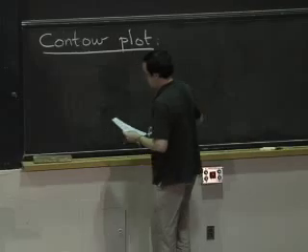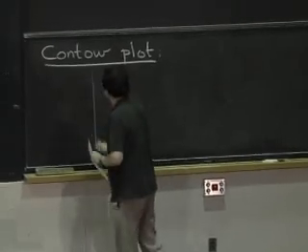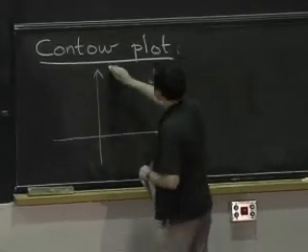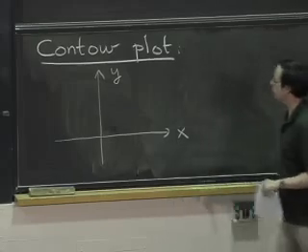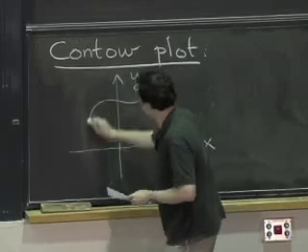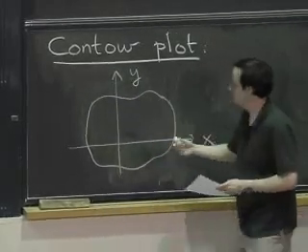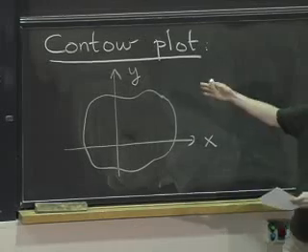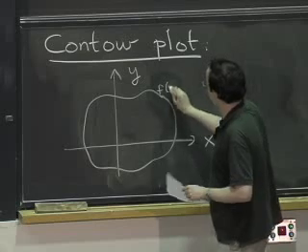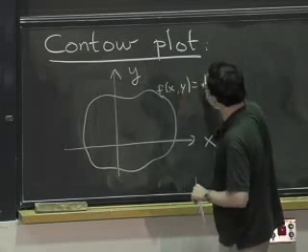So what a contour plot looks like is something like this. It's an XY plot, and on it you have a bunch of curves. And what the curves represent are the elevations on the graph. So for example, this curve might correspond to all the points where f of xy equals 1.